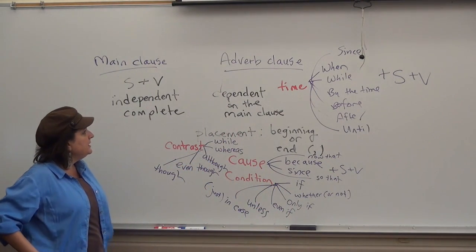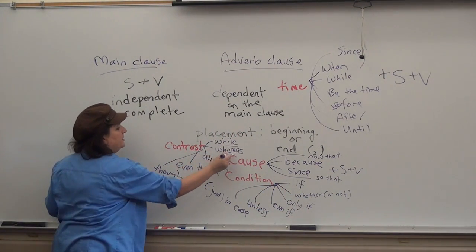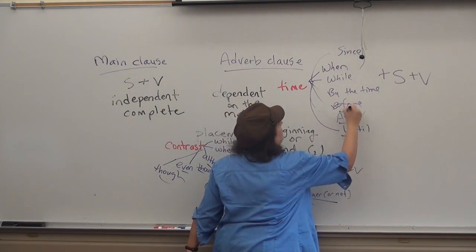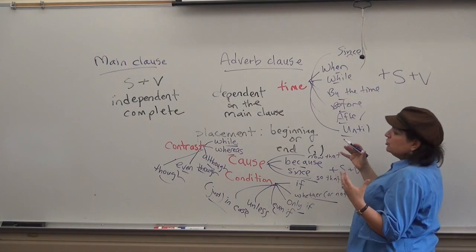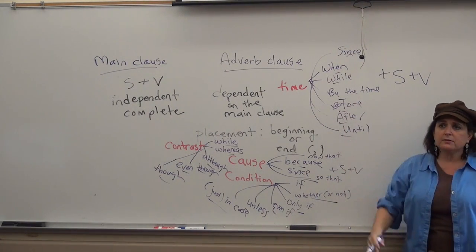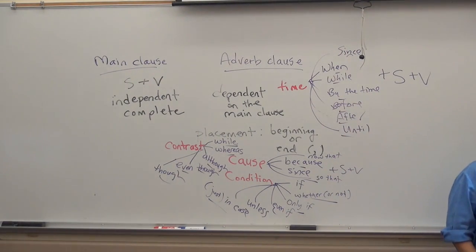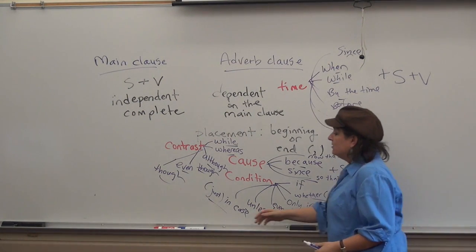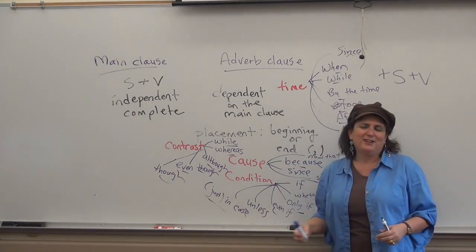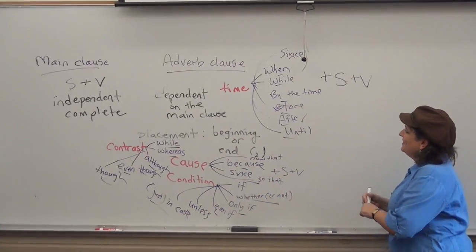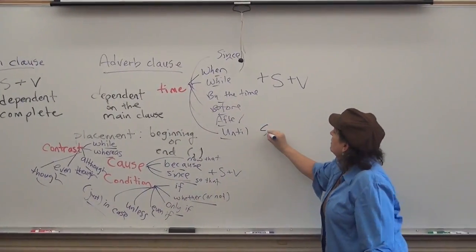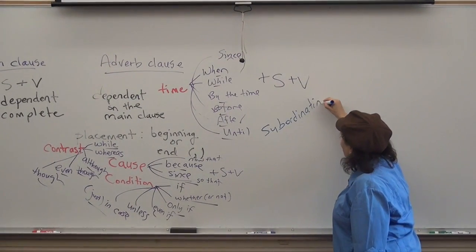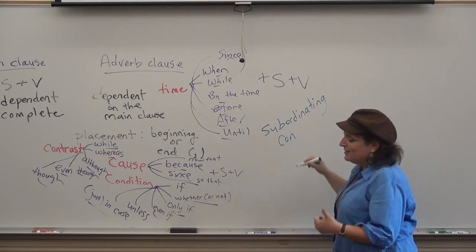Okay, all of these words, you see there's a lot of them, all these words introduce the adverb clause, okay? And they have a fancy name, they have a grammar name. And that name is called, anybody know it? It's okay if you don't. This word is called the subordinating conjunction. Okay? And that's, how many syllables?